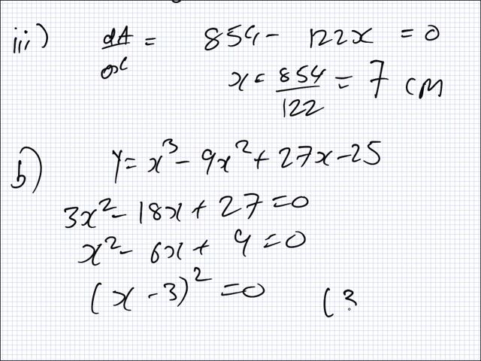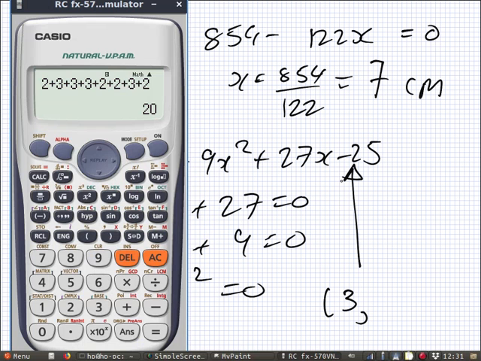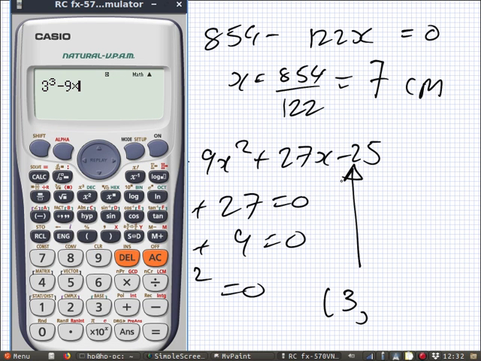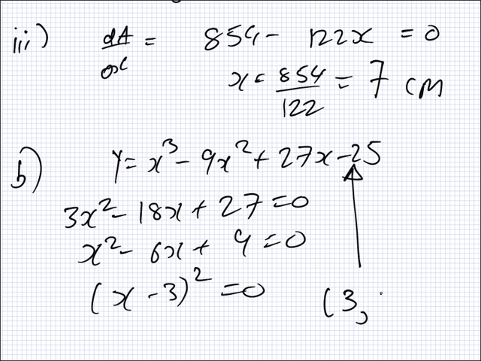Now, it says find the coordinate, so I have to sub 3 back in here to get the y. So that would be 3 cubed minus 9 times 9, because that's 3 squared, plus 27 times 3 minus 25, 2. 4 marks for that.